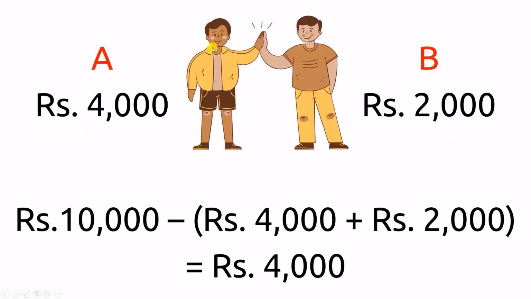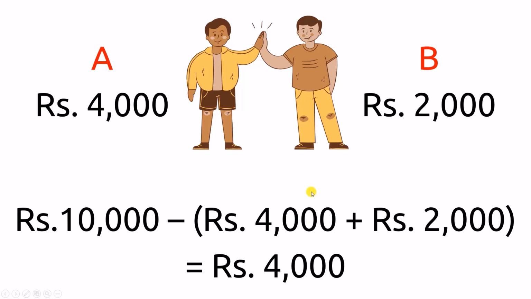Person A has 4,000 rupees and says he wants to contribute to the company. And person B has 2,000 rupees and he says that he will give it to start the company. So they need 10,000 rupees, they pool in 6,000 and still 4,000 is required to start the company.